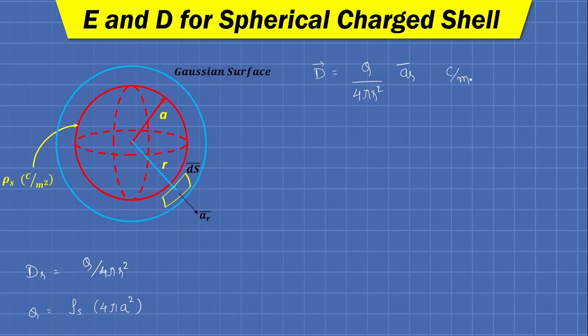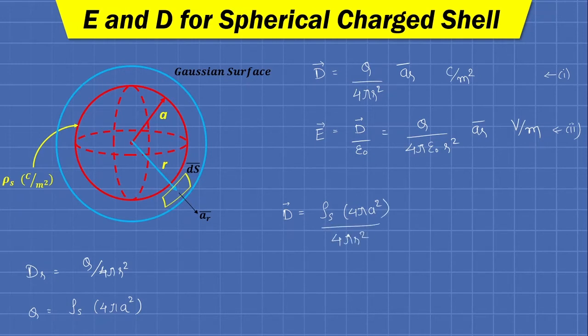The unit is coulomb per meter square, and E bar, which is nothing but D bar upon epsilon naught, can be written as capital Q upon 4 pi epsilon naught r square ar bar, and the unit is volt per meter. Let us say this is equation 1 and this is equation 2. If we put Q equals rho s into 4 pi a square, both equations can be represented in another form.